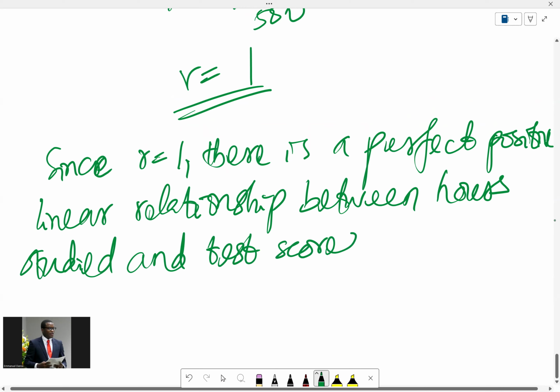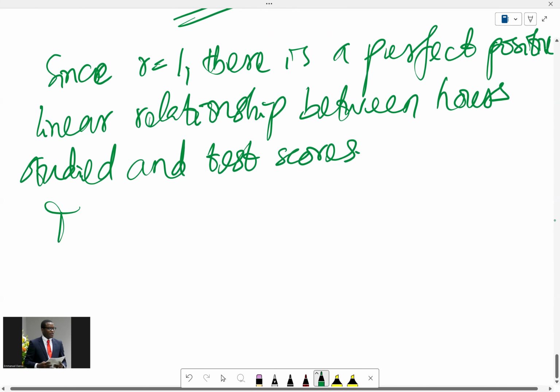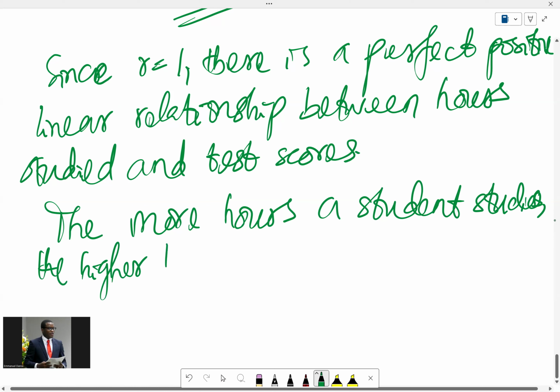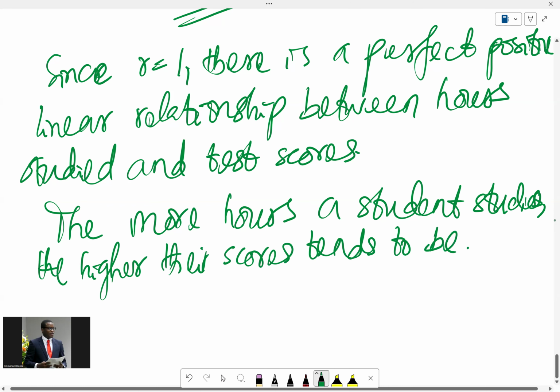So the more hours a student studies, the higher their scores tend to be. So that goes.